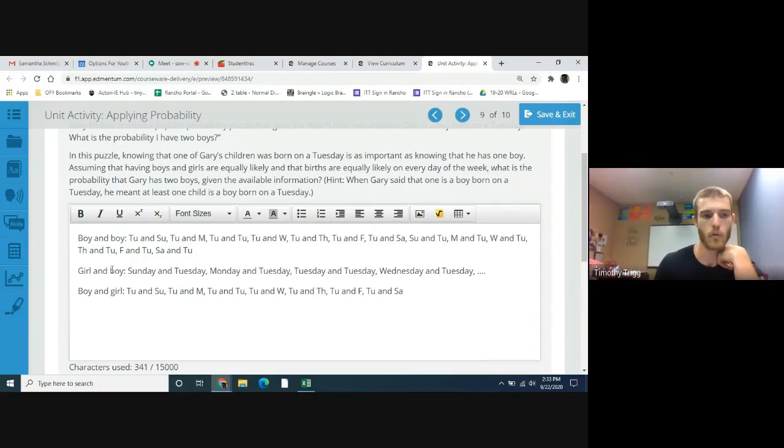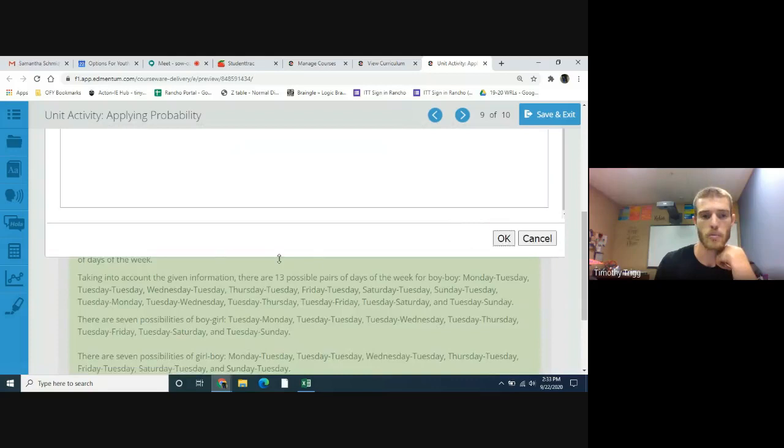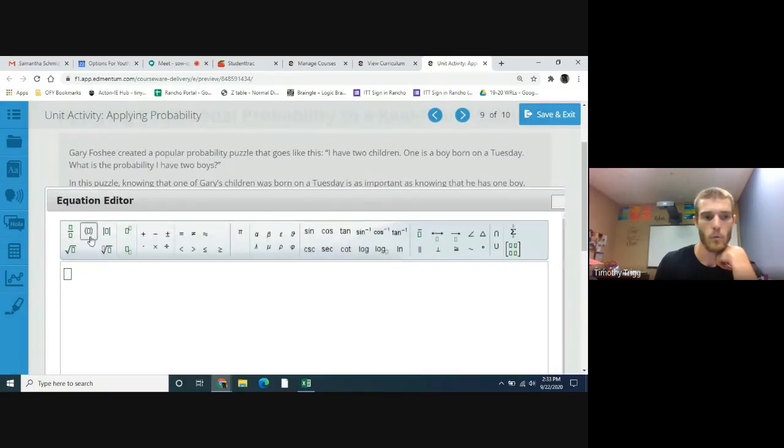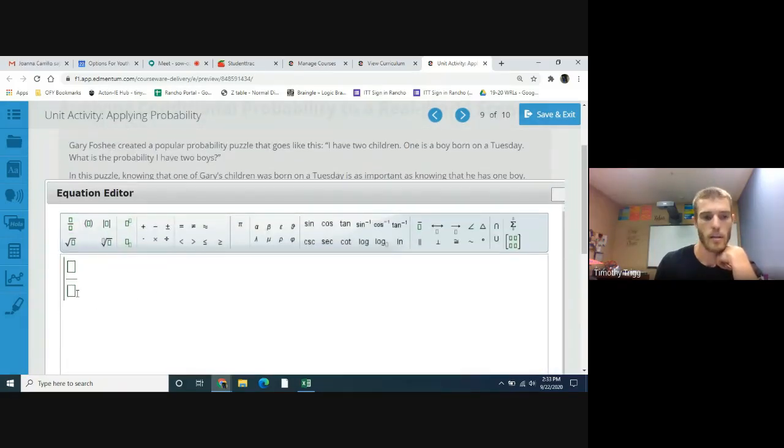And how many options for girl and boy? Well, there were 7 for this first and 7 for that second. So in total, we have how many different options in this sample space? Well, it would be 27 different options: the 13 from the boy, boy, and the 14 from having a boy and a girl.